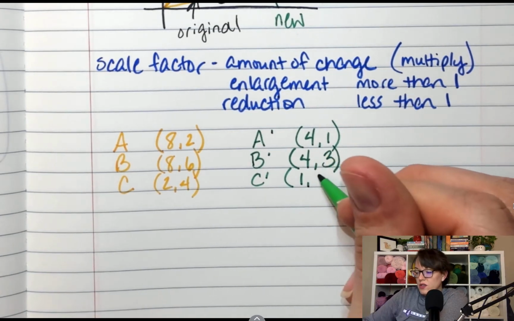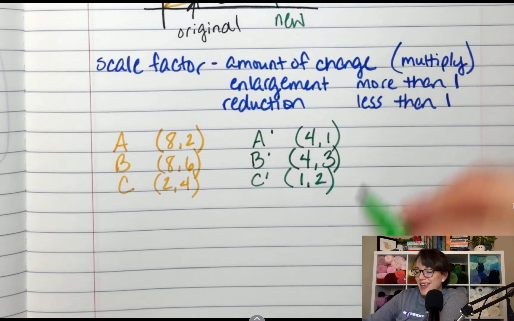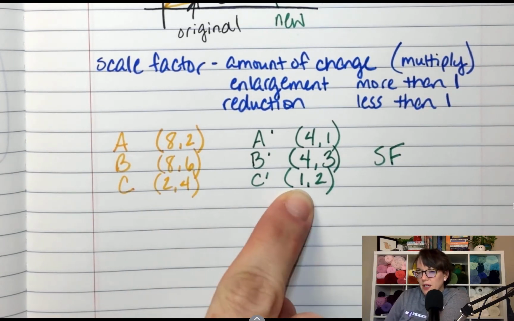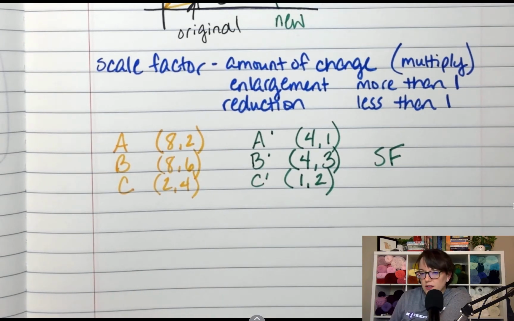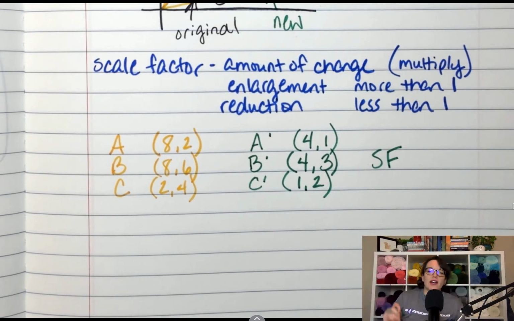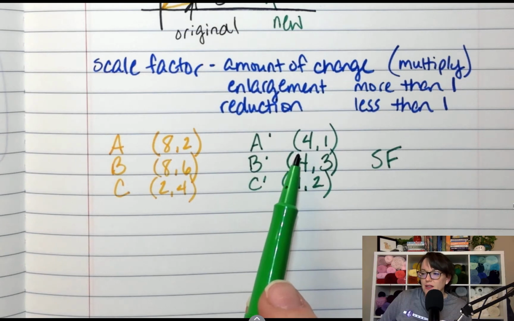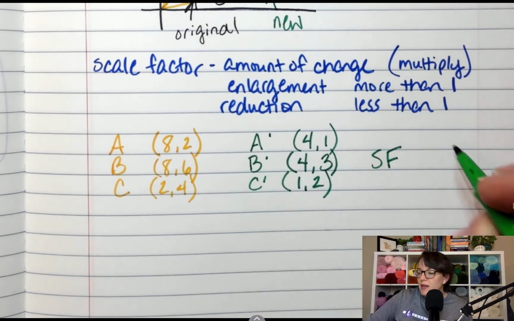1, 2. So my scale factor here, did my shape get bigger or smaller? It got smaller. So is my scale factor more than 1 or less than 1? It is less than 1. To be specific, how did you get from here to here? We multiplied by 1/2.